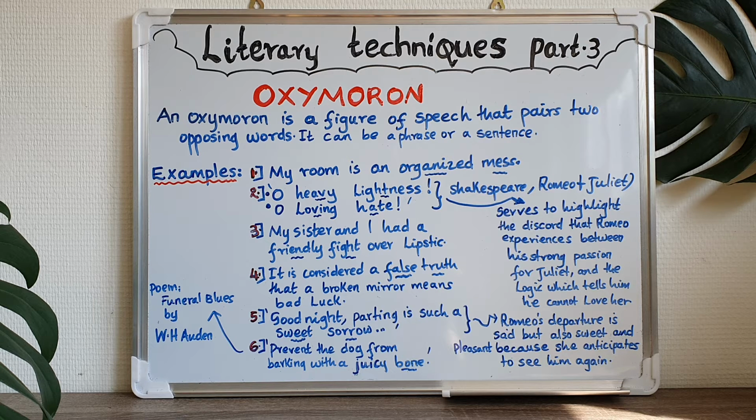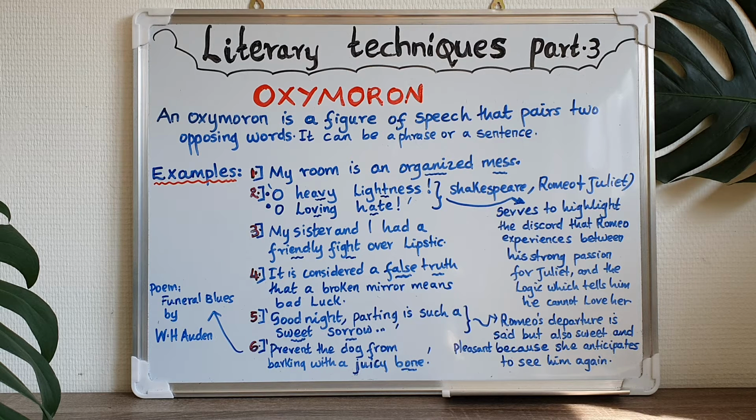We could use oxymorons in our day-to-day speech. Like for example, example 1, my room is an organized mess. That is an oxymoron that you can use in your creative writing. Maybe you're writing a text. Or example 3, my sister and I had a friendly fight over lipstick.